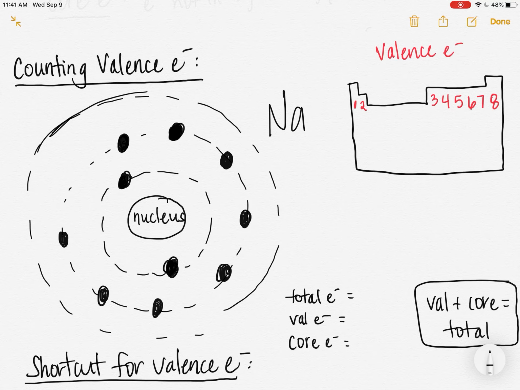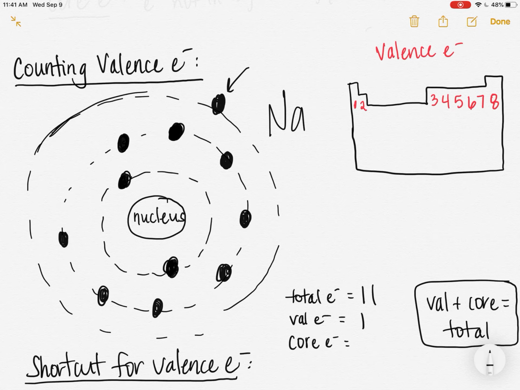Let's see what happens when I jump down and do my next row, which is sodium. So sodium has 11 protons, 11 total electrons, 2 in the first level, 8 in the second level, and I have 1 more to place, but my second level is full, so that electron must go into the third level. So watch what happens now. Valence electrons, 1, it's this guy right here, 1 valence electron.